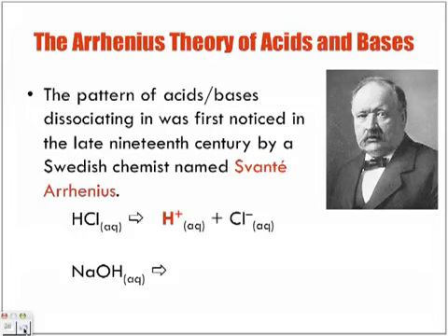Hydrochloric acid will dissociate into hydrogen ions and chloride ions. Sodium hydroxide will dissociate into its sodium ions, Na+, and hydroxide ions.